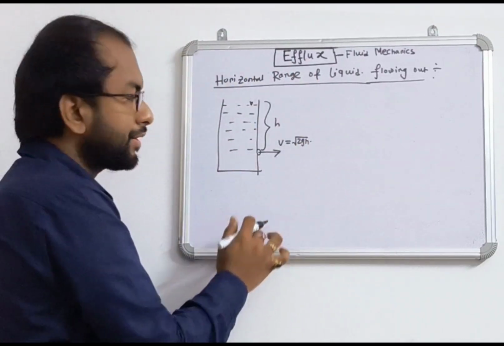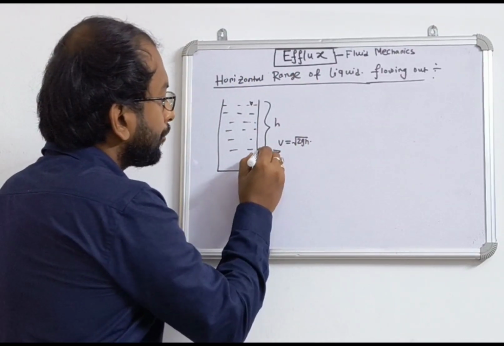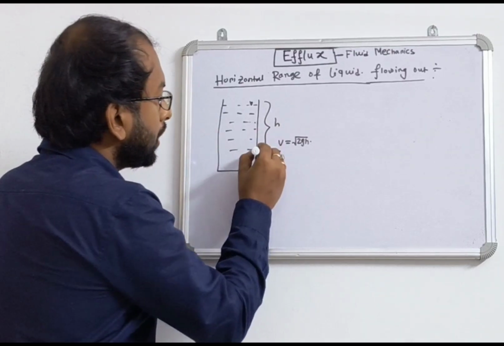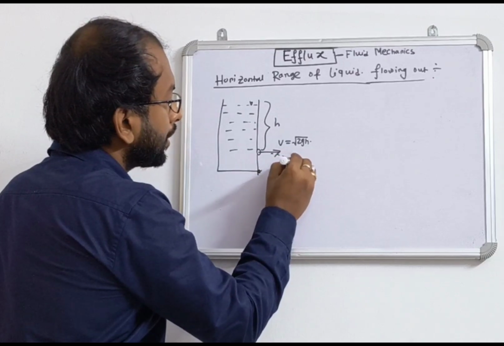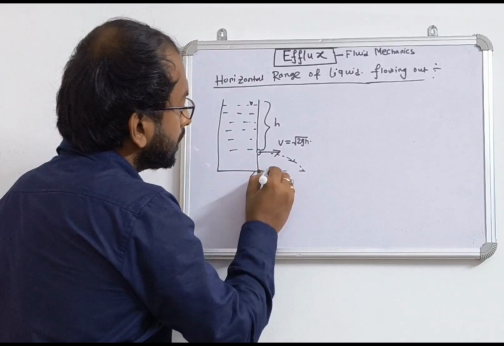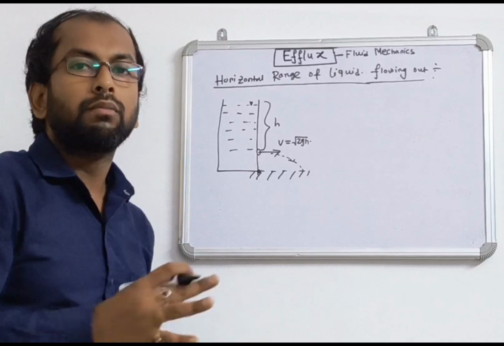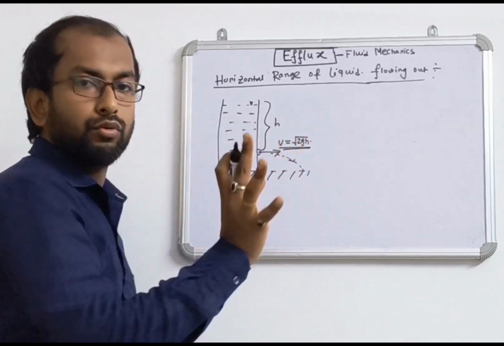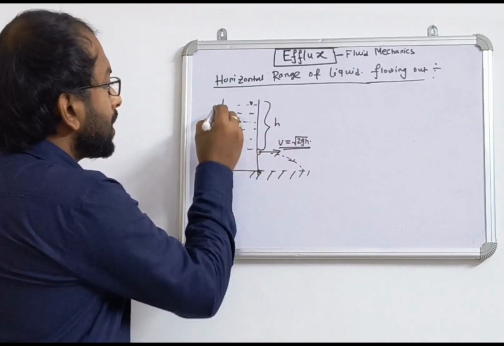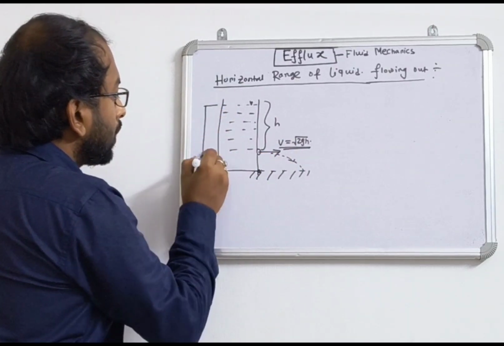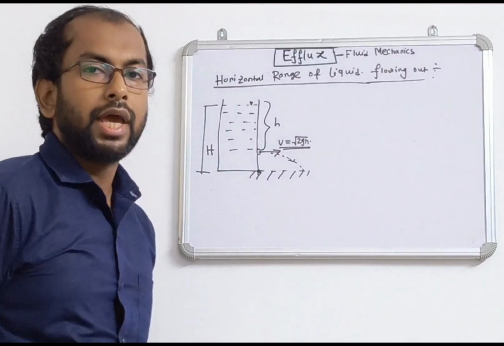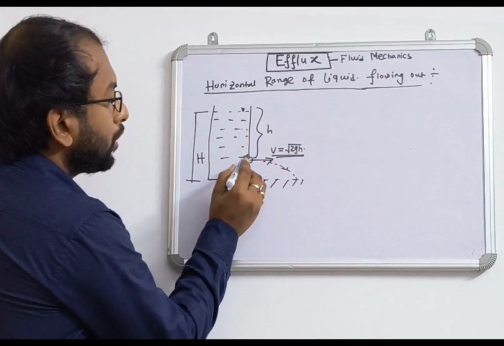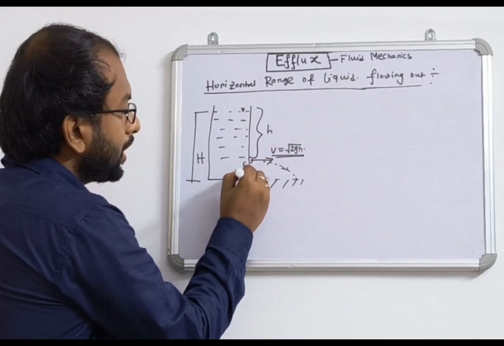Now the horizontal range means at what point from the bottom point of the beaker the liquid will hit the ground. So you have to find the horizontal range. This is nothing but a projectile motion we can consider, because the liquid will emerge with the horizontal velocity of root over of 2gh. Now if the depth is h, I also have to tell the total liquid height, H. If the depth of the hole is h, what is the remaining height?